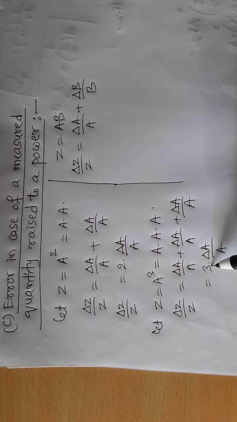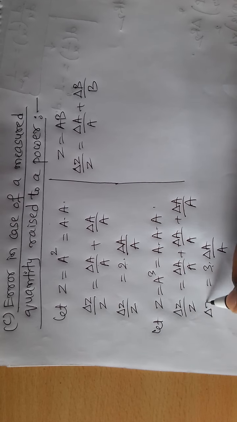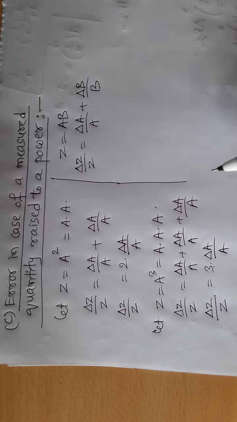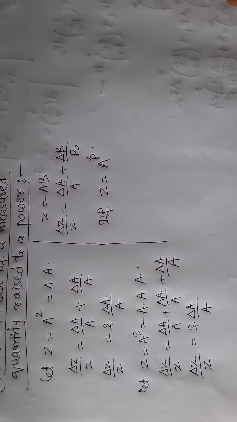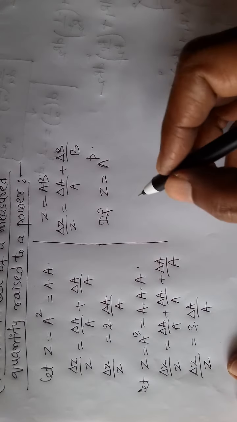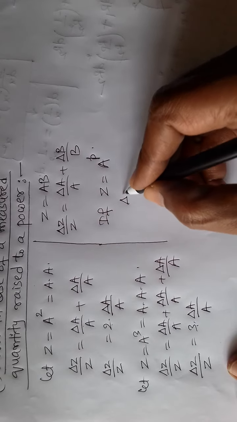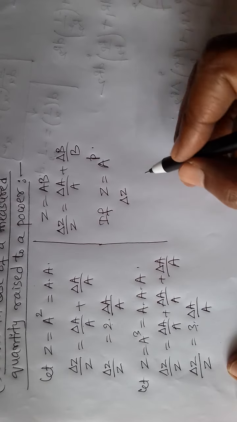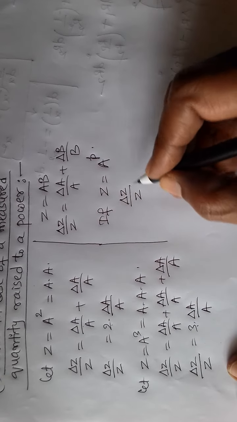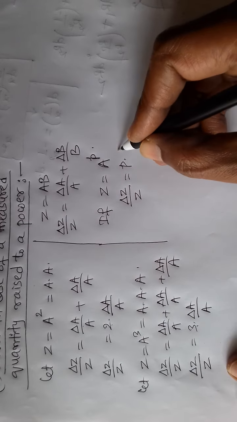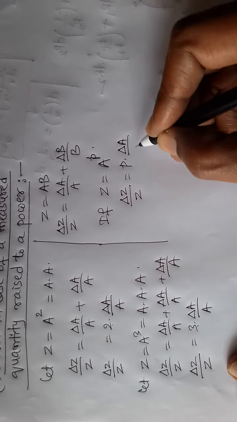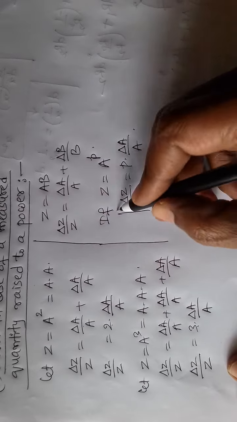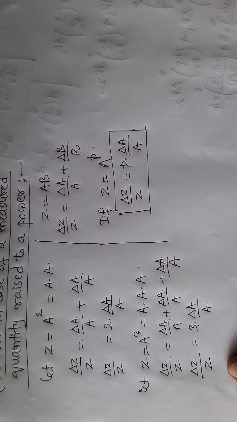Again, this 3 is nothing but its power. So this can be generalized now. If z is equal to a power p, delta z by z is equal to p into delta a by a. In this way you can write.